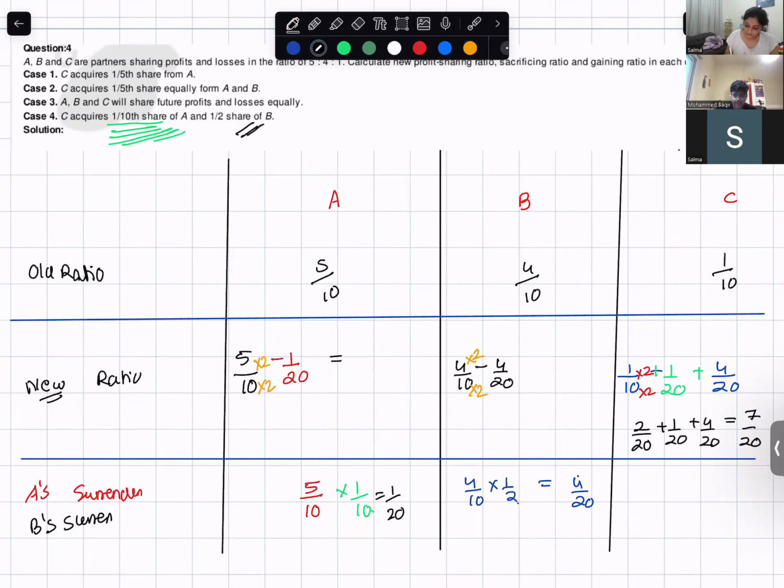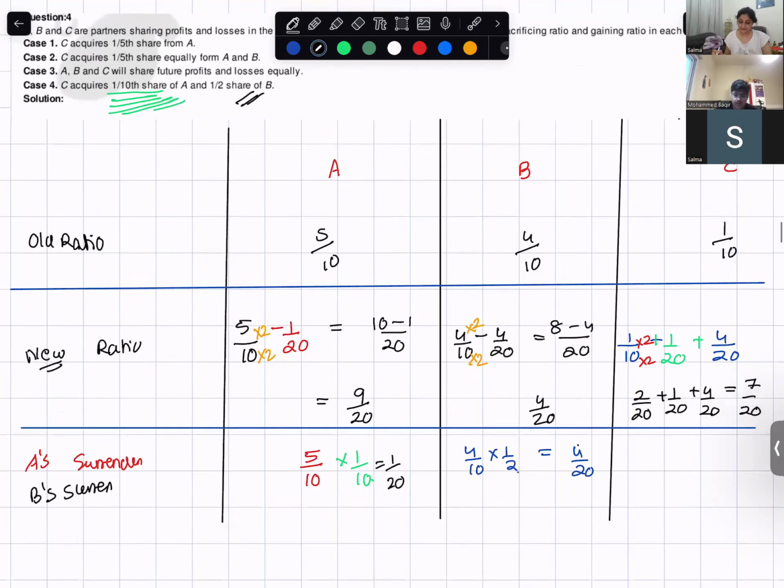The new ratio for A will be 10 minus 1/20, and this will become 8 minus 4. The base is same by 20. 8 minus 4/20. So new ratio for A is 9/20, then B is 4/20.